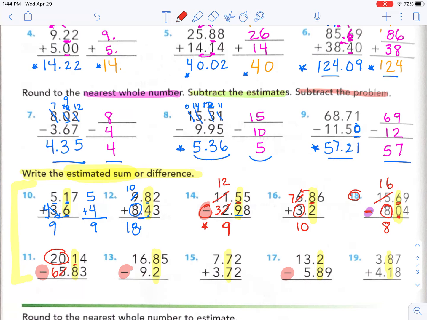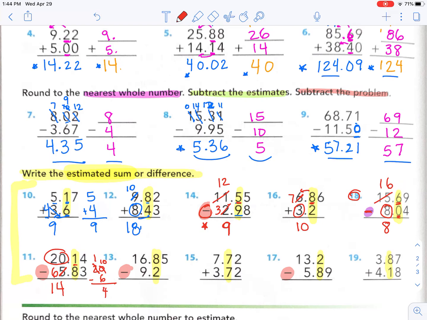And it's minus. 20 minus 6 is what? 14. And if you want to show your work, it looks like this. Or you can count up from 6. You can count back from 20, 20, 19, 18, 17, 16, 15, 14. Or I can actually show my work like this.